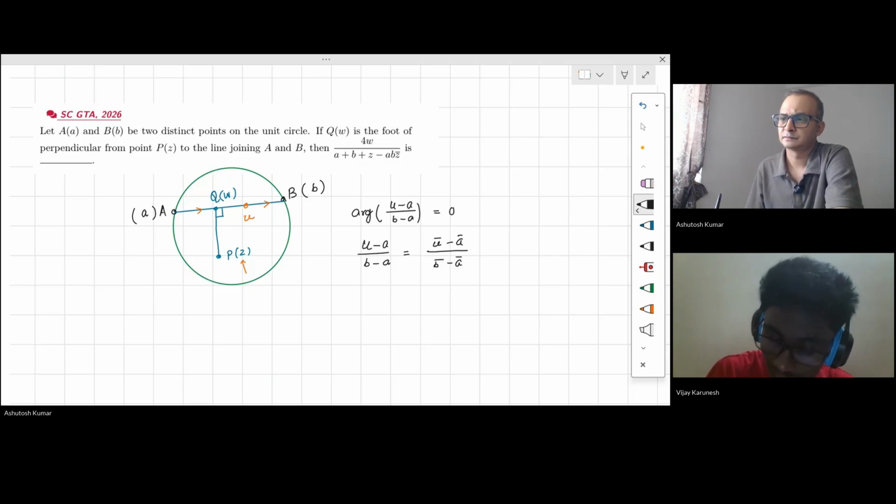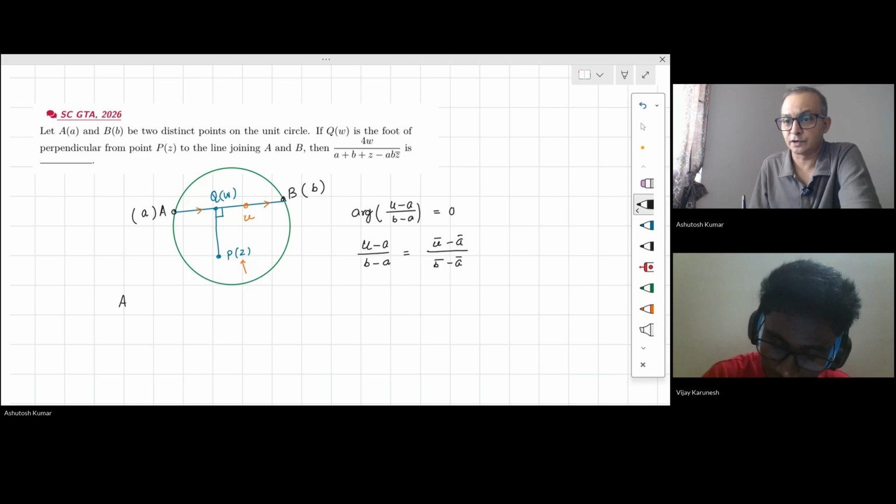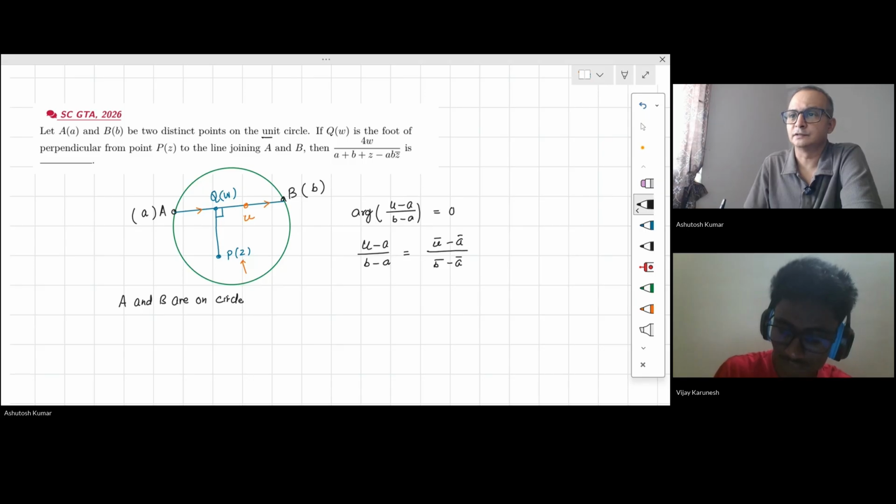And then you notice one thing, this B and A are on the circle, A and B are on the circle, which is the unit circle. So I can safely say that it will satisfy the equation of the circle.